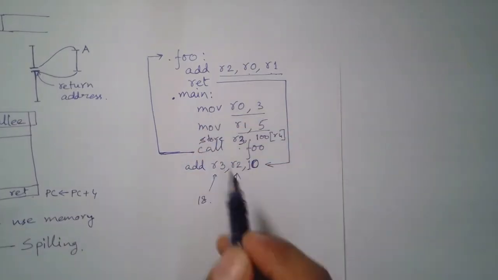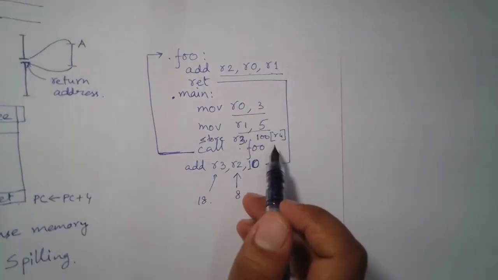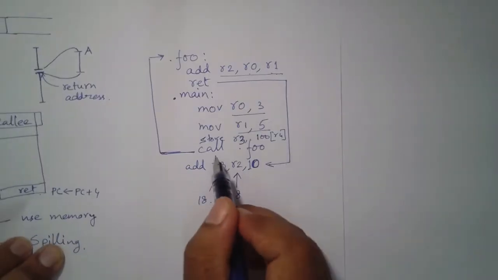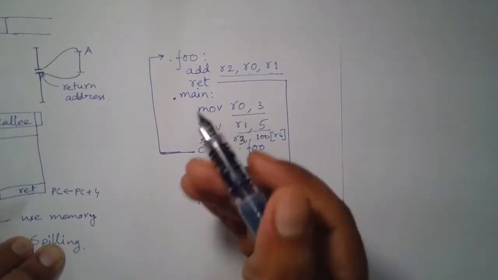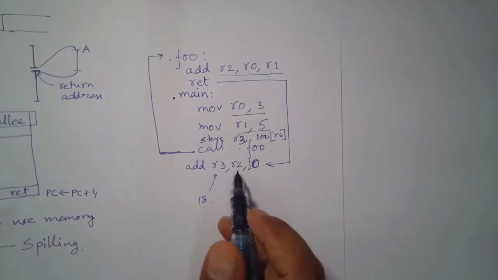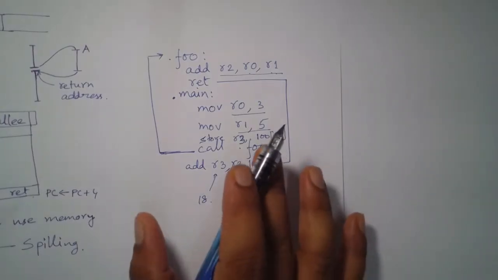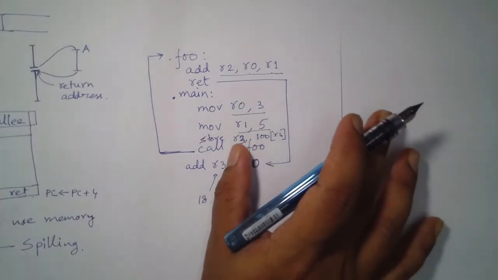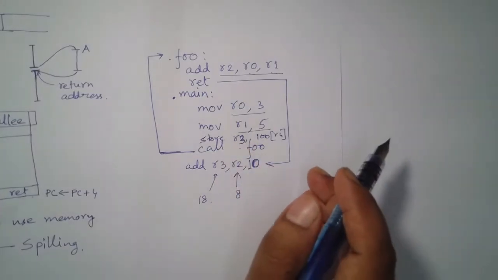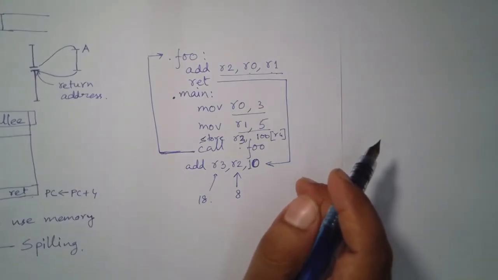In this example R3 is not getting updated by the function, but I do not want to take the risk. So, I will store R3 in this location, and then once I come back from the function, I will load it again, so that the value which I do not want to get disturbed is stored safely before I go for serving the function, and once I come back I retrieve it. Alright. So, this is called spilling.